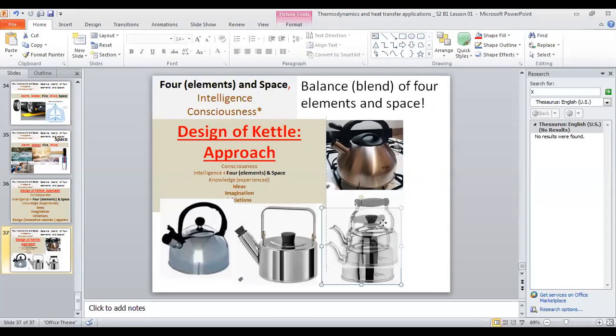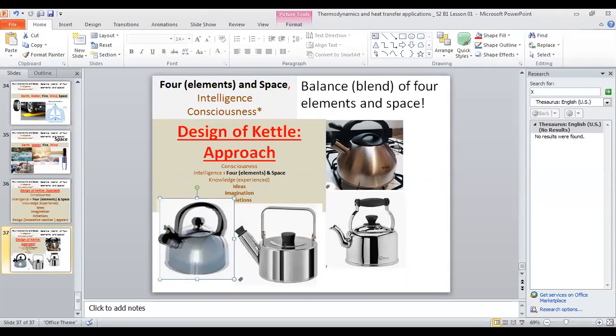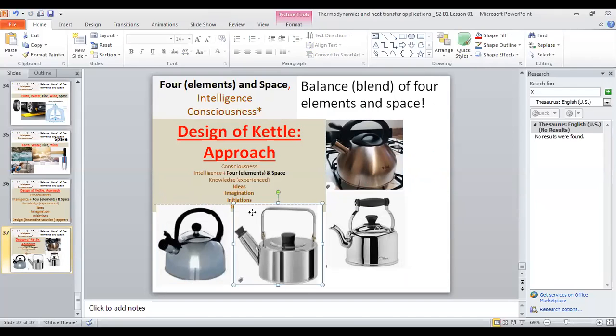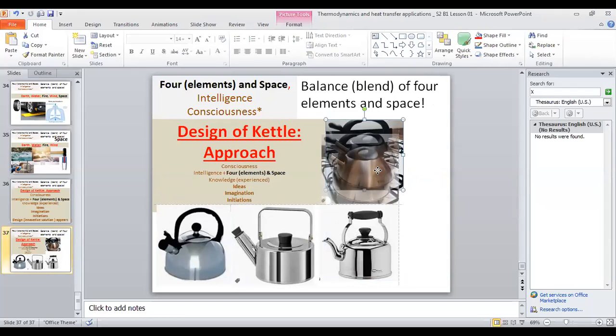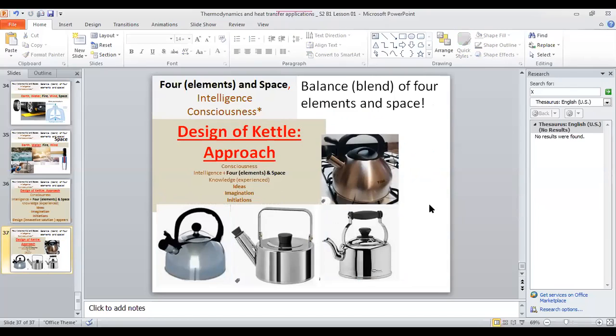It's a great business because everyone needs kettles. Daily there should be millions of kettles being sold in the market, and millions may be getting recycled. Design of kettle.